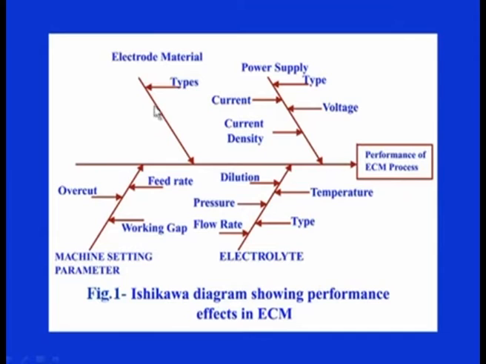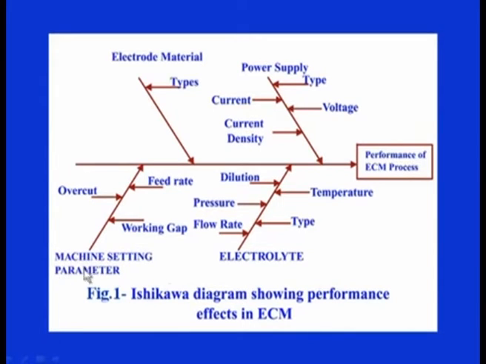aluminum or graphite, etc. Then the power supply based parameters, like the type of power supply, the voltage applied which is usually around 10 volt, then the current which depends on a number of other parameters as we have already discussed, and the material removal rate as well as the finish will depend heavily on this current, the current density, meaning per unit area.